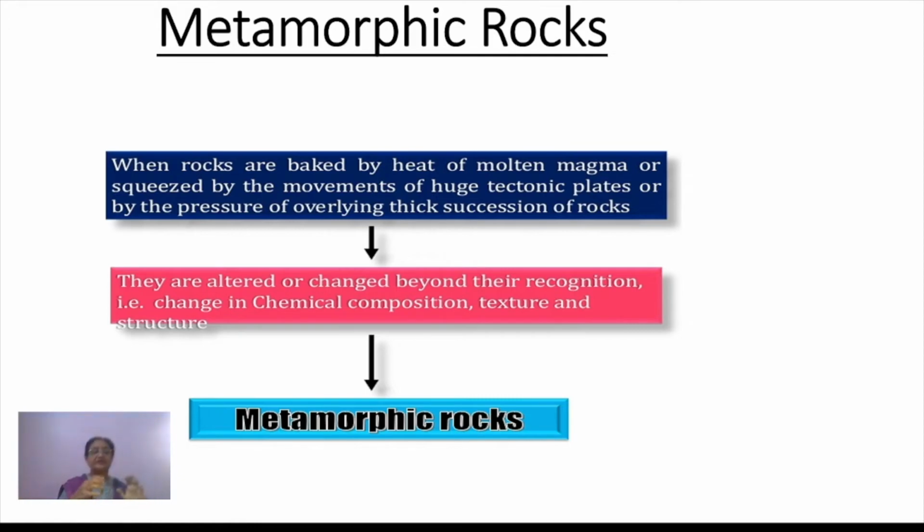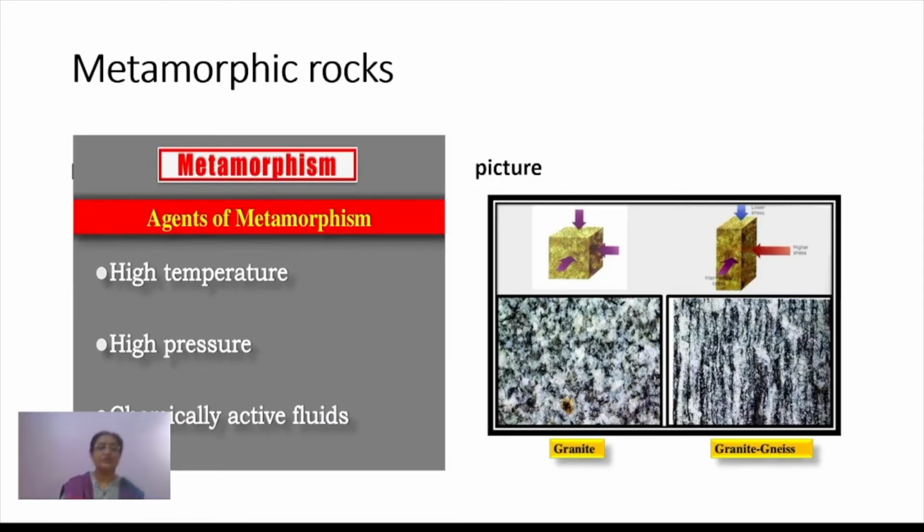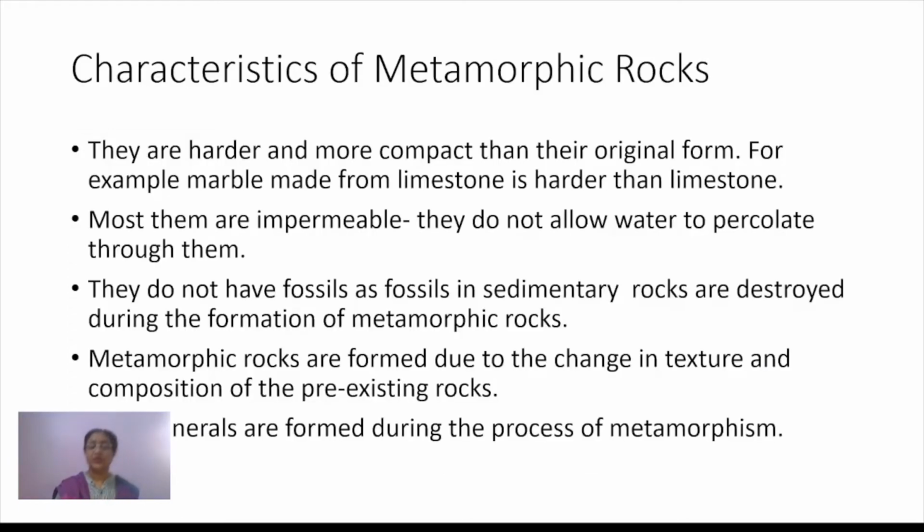That is, they change in chemical composition, texture and structure, and the resultant rock is then called a metamorphic rock. What are the main agents behind its formation? The most important agents you should remember are high temperature, high pressure, and in certain cases, chemically active fluids.